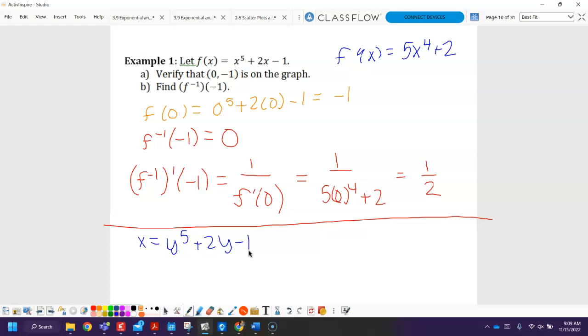Now the rule would be to derive that. So the derivative of x is 1, equals 5y to the fourth dy/dx plus 2 dy/dx. Take out your dy/dx as the GCF, and solve for dy/dx.